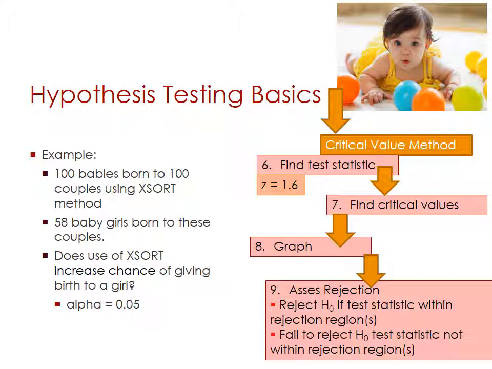You're going to follow the exact same steps that we used in the tutorial above in finding your critical values, graphing it, and then assessing whether you reject or fail to reject the null. This basically is exactly like the one we looked at before, except here we used StatCrunch to get your test statistic and to find your p-value automatically.